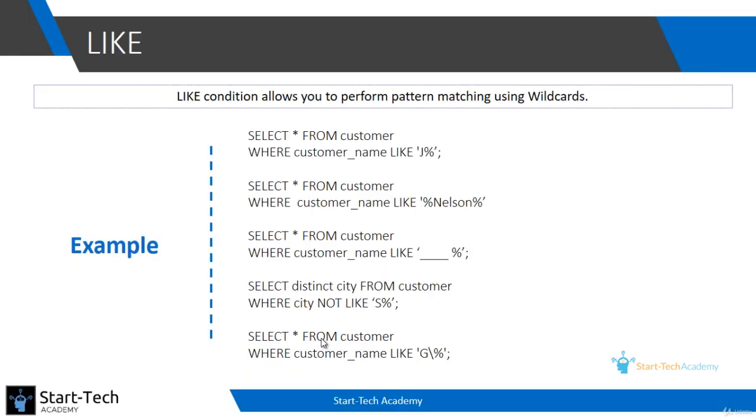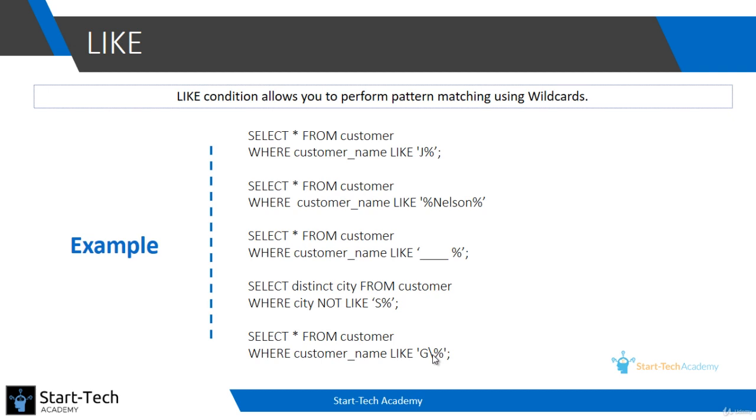The last example is using the escape character. This backslash that we have here is called an escape character, and it is used to escape the meaning of the percent as a wildcard. What I mean by that is, if you want to actually find a percent symbol in your data, how do you do that? If you write the percent symbol, it will be considered a wildcard.